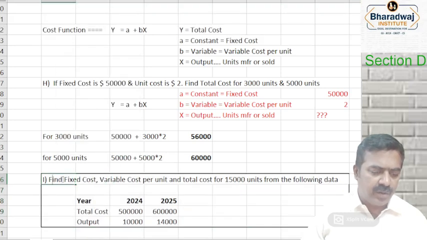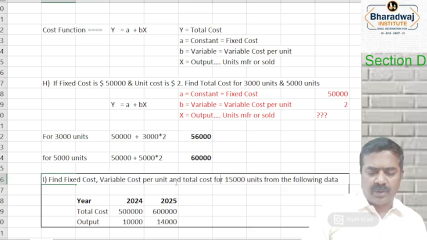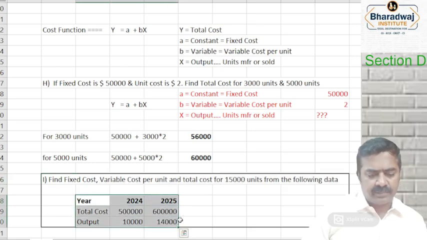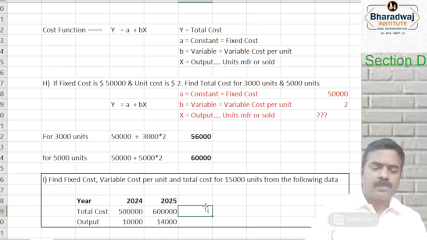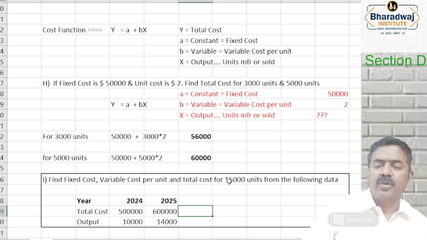They ask you to find out the fixed cost, variable cost per unit, and total cost for 15,000 units from the following data. Try it.